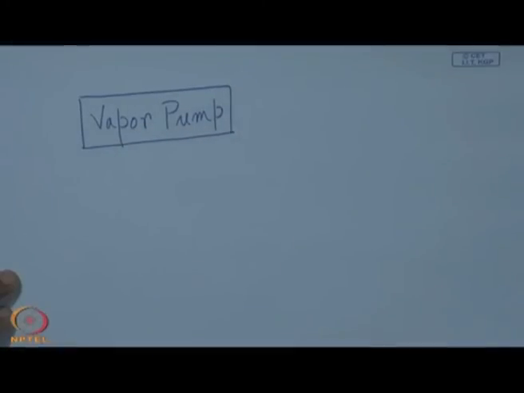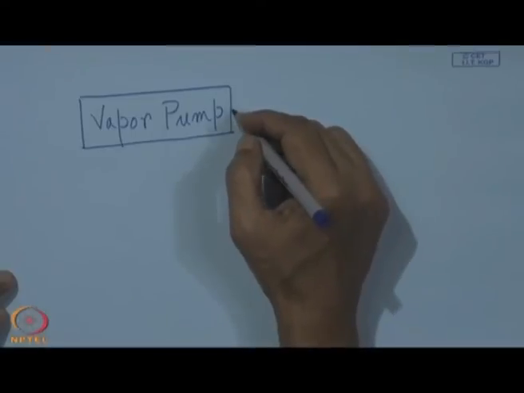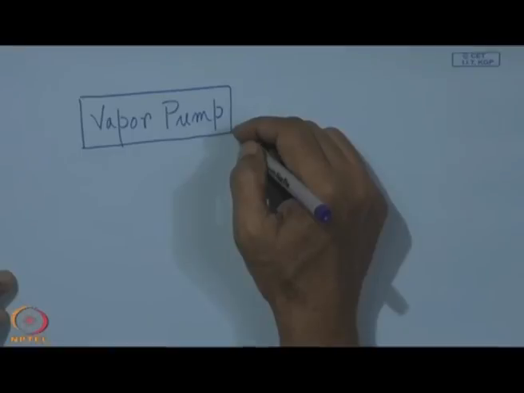Vapor pump means we take the help of some vapor of some element, it can be vapor of mercury or vapor of some oil, and that is used, and that entrains the gas molecules along with it.